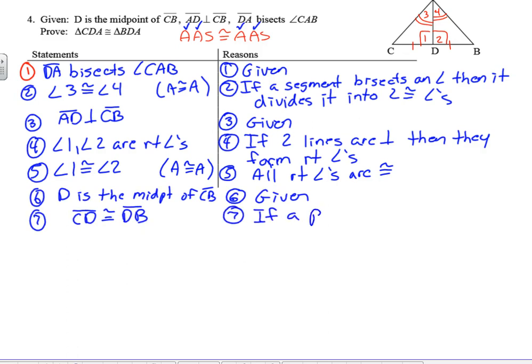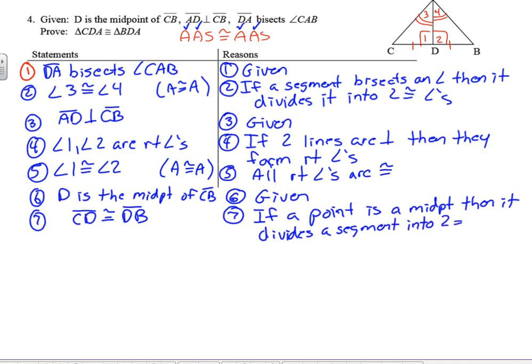If a point is a midpoint, then it divides a segment into two congruent segments. So that's a side congruent to a side. So we've done all the pieces of the plan there.